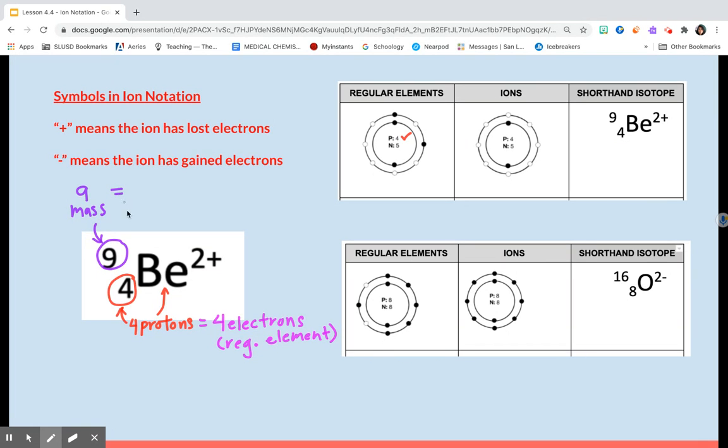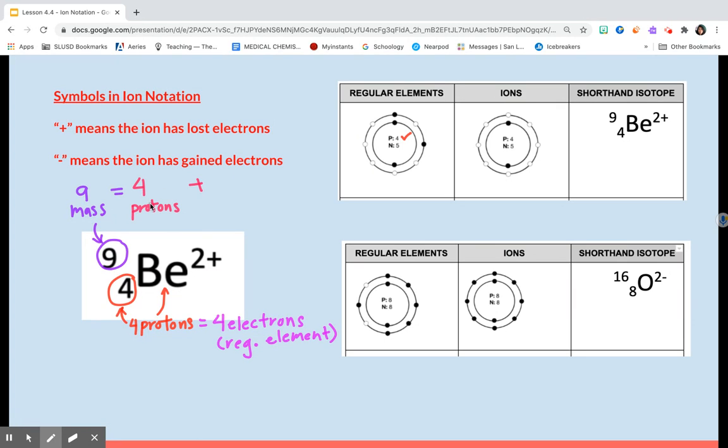And the mass is made up of 2 parts. One part of the mass is always the number of protons. So in this case, it's going to be 4. The other part of the mass is made up of neutrons.